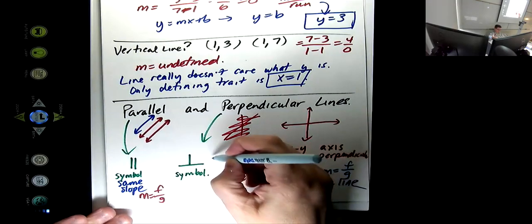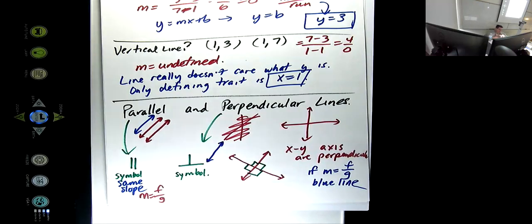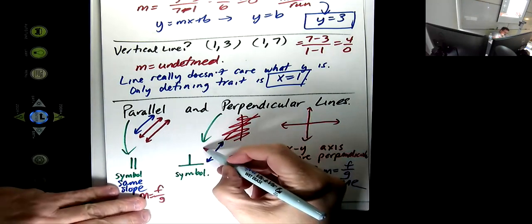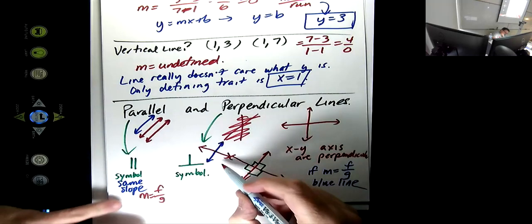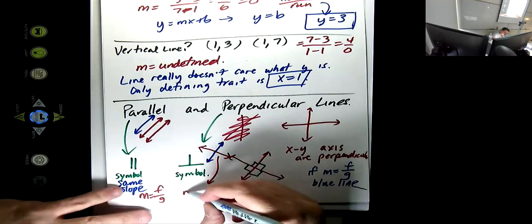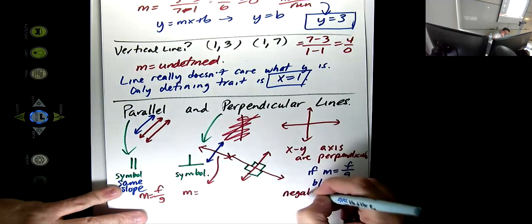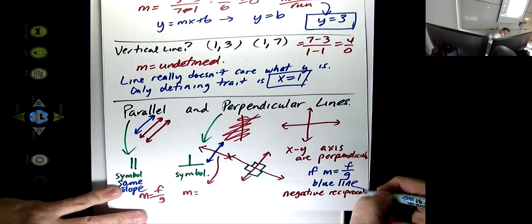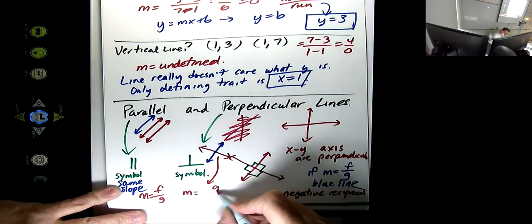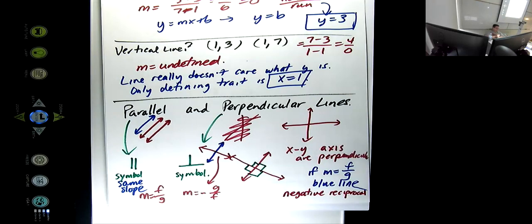For the perpendicular line, if I have a blue line like that and the perpendicular line to go with it, the slope of the perpendicular line is the negative reciprocal. So we flip it over, we make it g over f, and we make it negative.